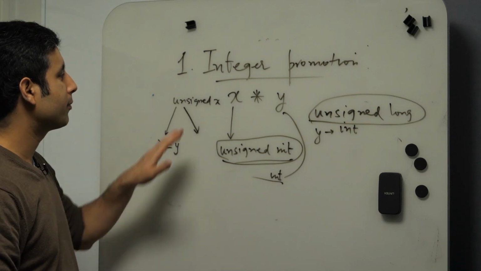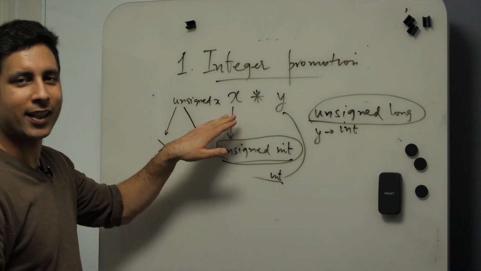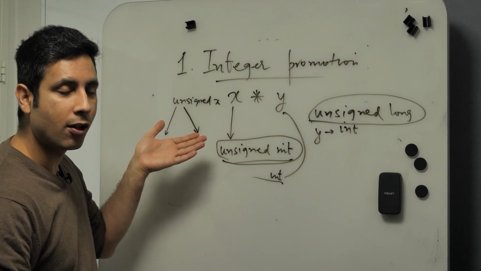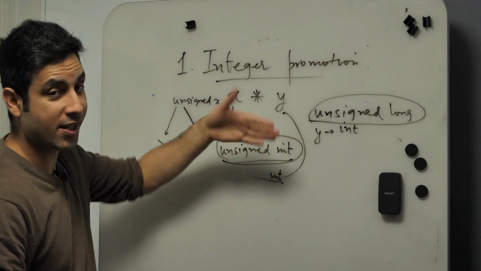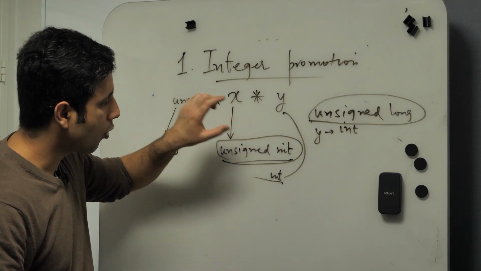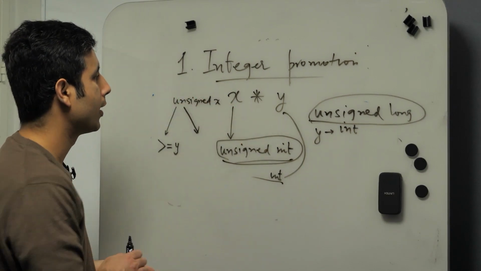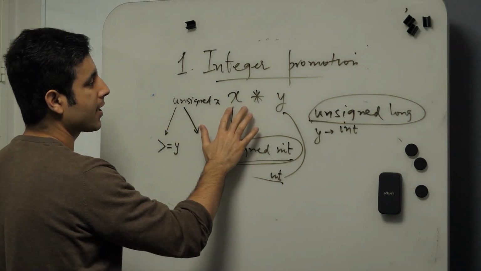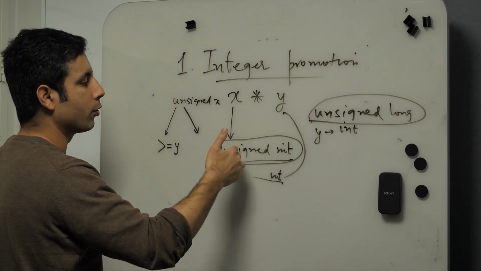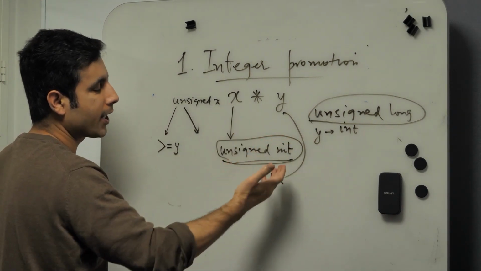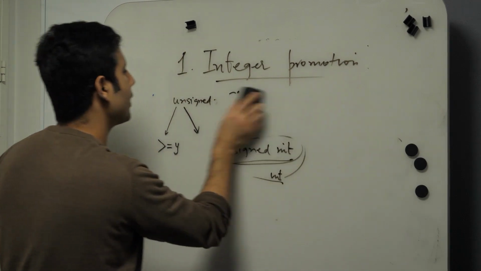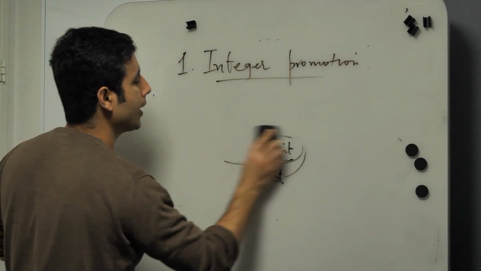So every time one of the operands is unsigned and its ranking is higher or equal to the other operand, which is signed, the common type is the unsigned operand's type. So in this case, x and y would both be promoted to unsigned integer. Of course, x is already an unsigned integer, but both would be promoted first, and then the operation would take place.